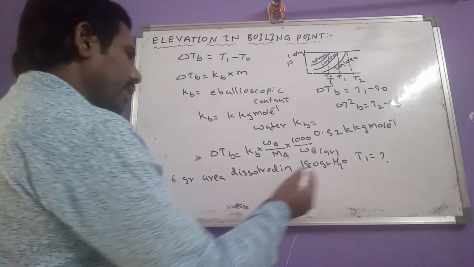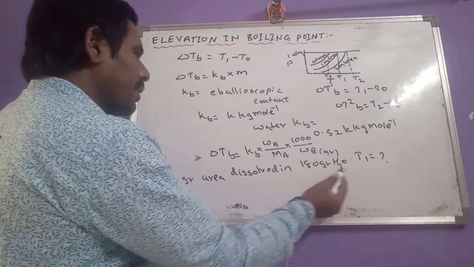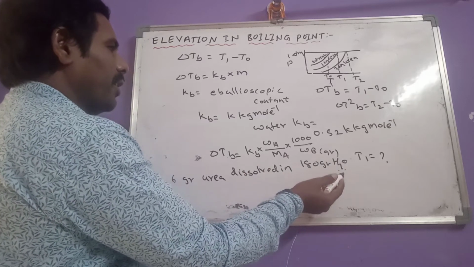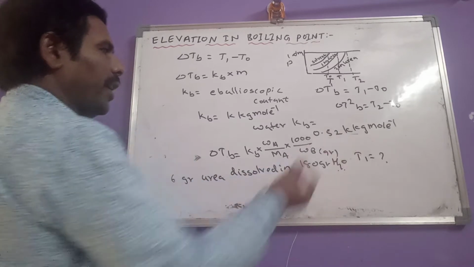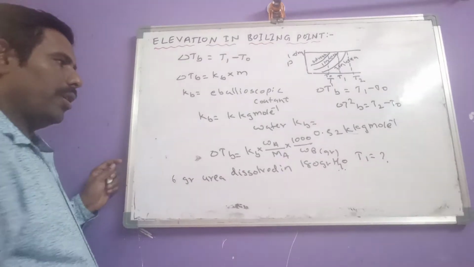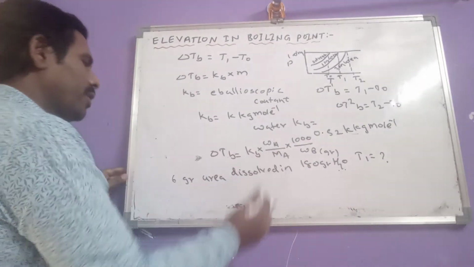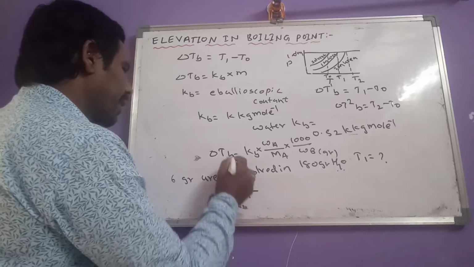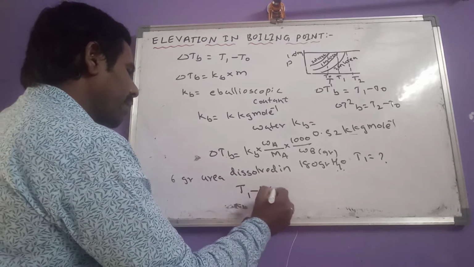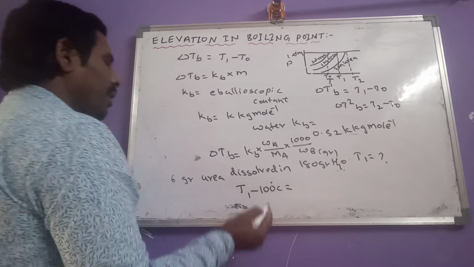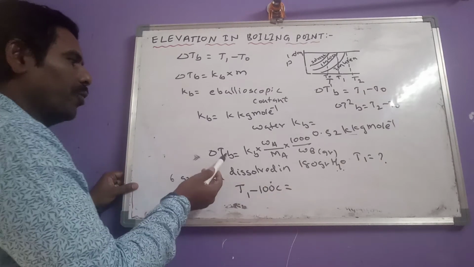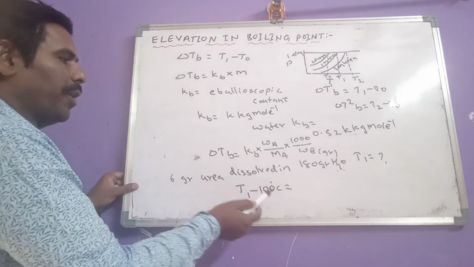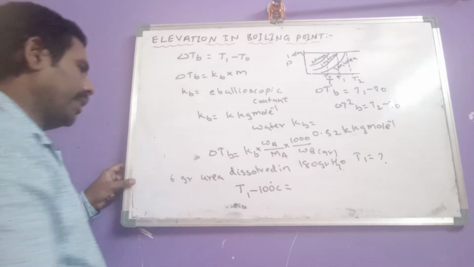Of course, this is dissolved in water, so we know that the Kb value for water is 0.52 Kelvin kilogram per mole. By substituting the values, delta Tb means T1 minus T0. T0 means the boiling point of the pure solvent. Which is the solvent here? Water. So the boiling point of water is 100 degrees centigrade.